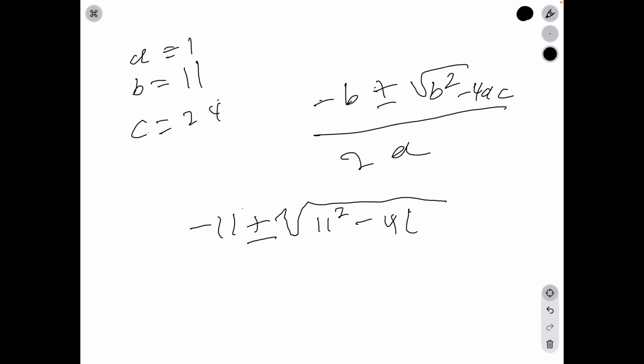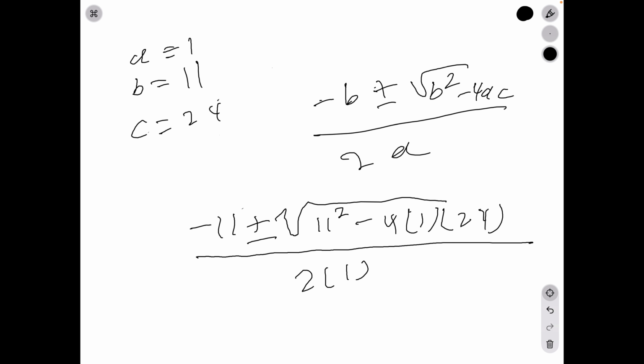In our classification, a is equal to 1, so 4 times 1, and then times c, which is 24. Now we have to divide all of that by 2a, which is 2 times 1.